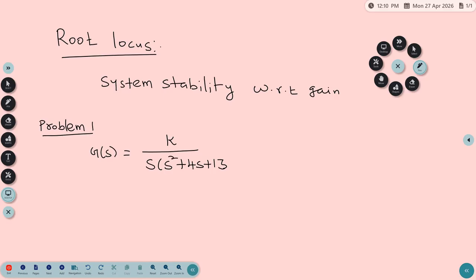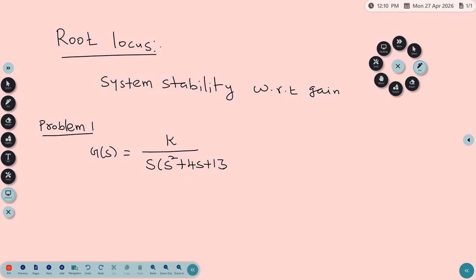Today we will discuss root locus, why we are using root locus and how we can construct a root locus with the provided steps. First, we should know why we are using a root locus. In the previous classes, we discussed the stability of a system by using a Routh array, in what way we can analyze the stability of the system.